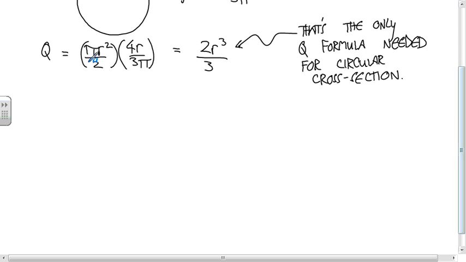Okay, and then everything else is the same as for the rectangle. You just can't do anything besides the center.